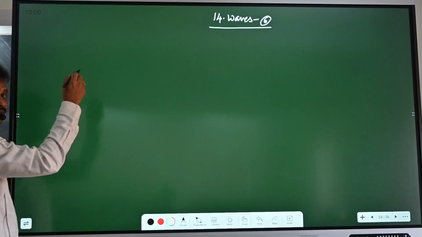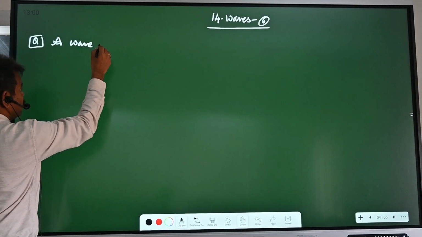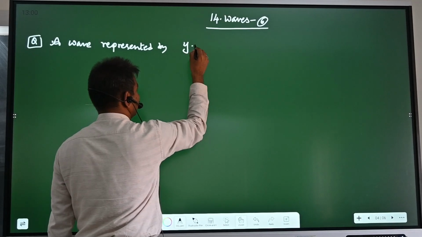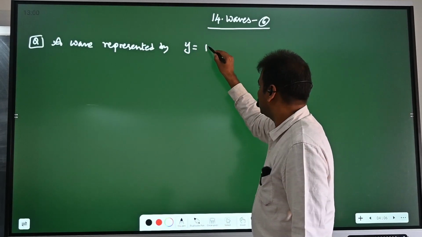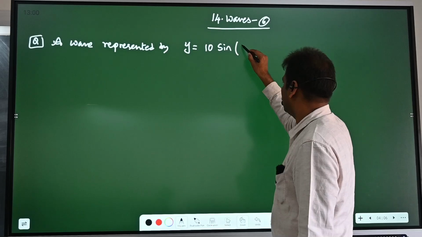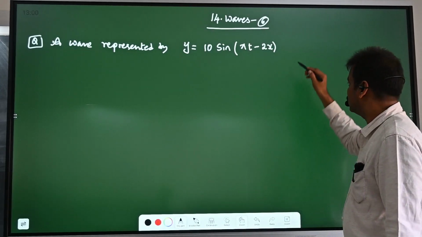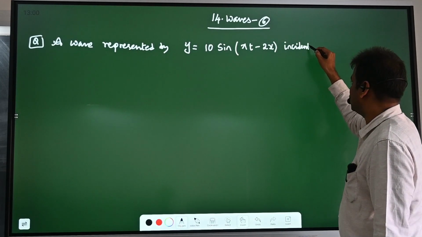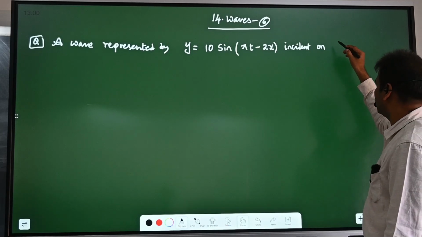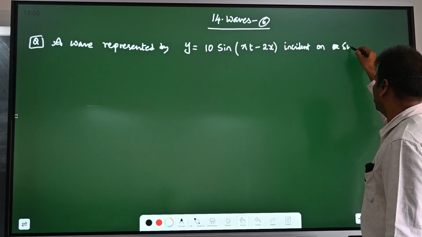Solve a problem based on the reflection of waves. A wave represented by y is equal to 10 sine (pi t minus 2x) is incident on a surface.